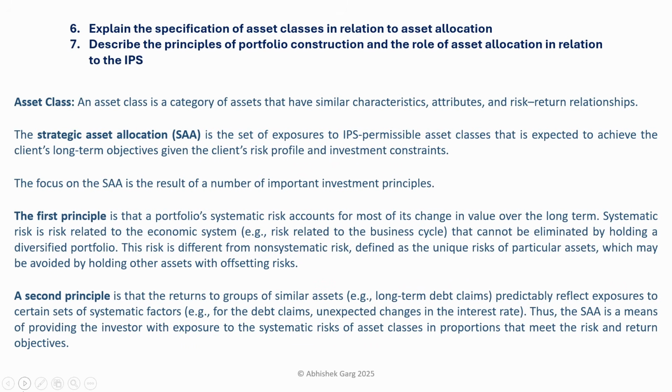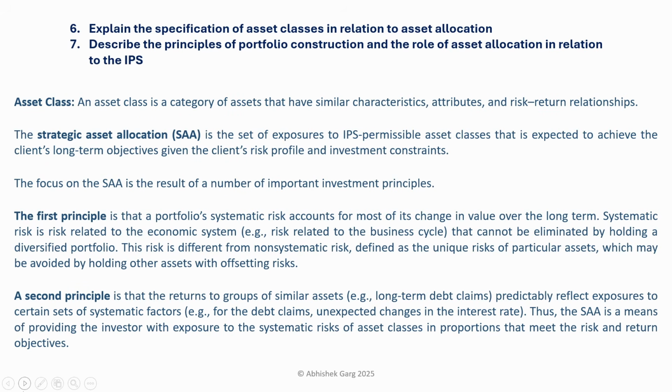And then, considering the return and risk objectives, you define a particular weightage that should be given to each asset class. Let's say for an investor, you decide on an 80-20 weightage of equities and debt. That 80% should be given to equities, 20% weightage should be given to debt. That is your strategic asset allocation. This asset allocation is the basis of your investments in the future.